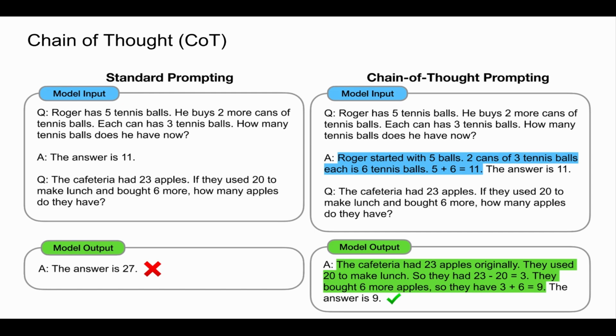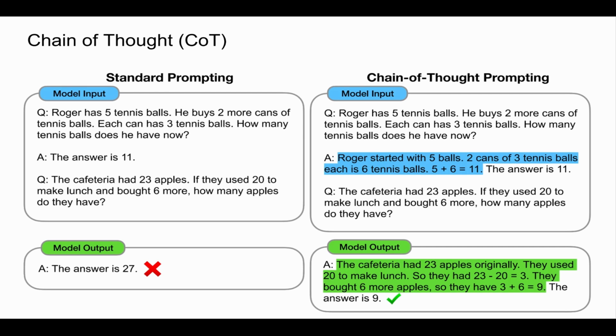On the right-hand side, we have chain of thought prompting. We ask the same mathematical question. However, in the answer, we train the LLM to answer in more detailed steps, one step at a time. In this way, the LLM not only gives a straight answer, it actually reasons step by step.